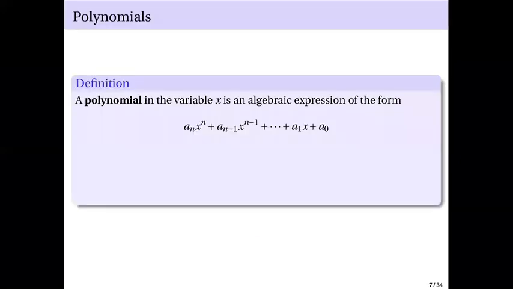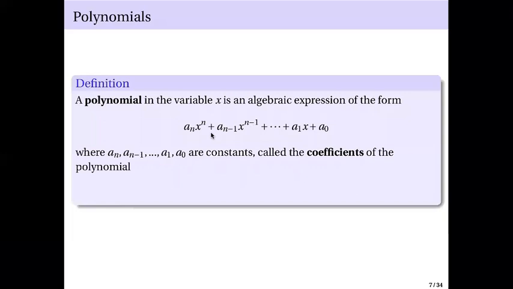Okay? So a polynomial in the variable x is an algebraic expression written in this form: a_n x to the n plus a_(n-1) x to the n minus 1 plus and so on, plus a_1 x plus a_0.